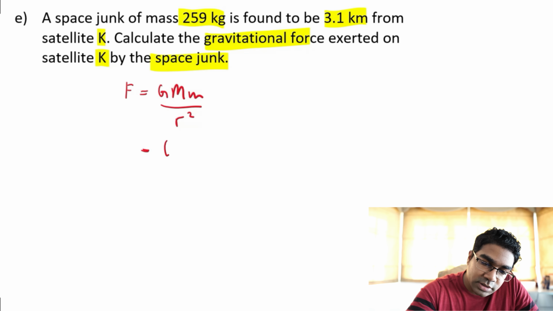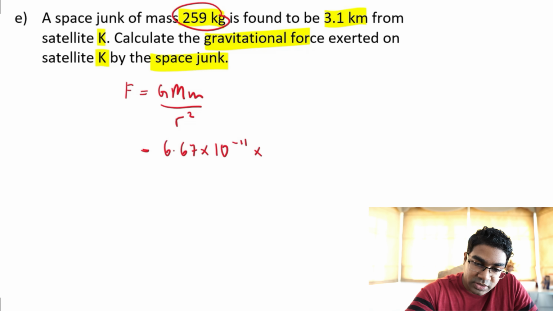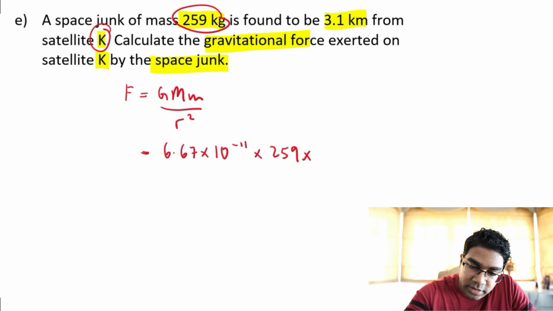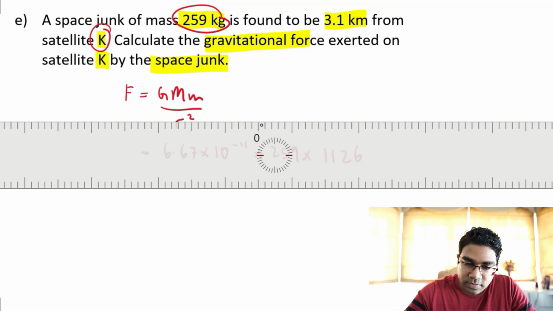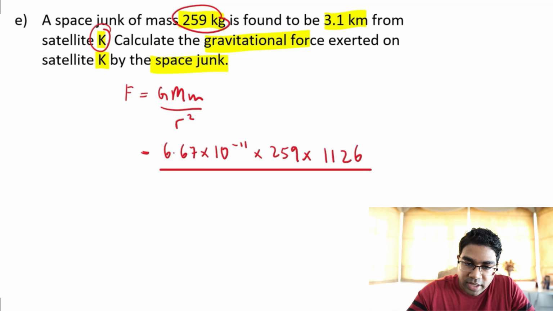So, G is 6.67 times 10 to the power of negative 11. M is the mass of either object. So here the masses of the two objects: let's take the space junk, 259, and the mass of satellite K, which from the question we know is 1126. We need to divide by the distance between the two centers of mass squared, which is 3.1 km.